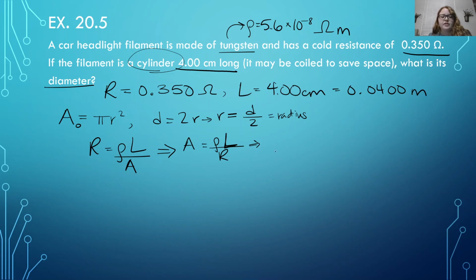So let us plug all of that into A. We have pi r squared, so that is pi times D over 2 squared, and that's going to equal rho L over R.